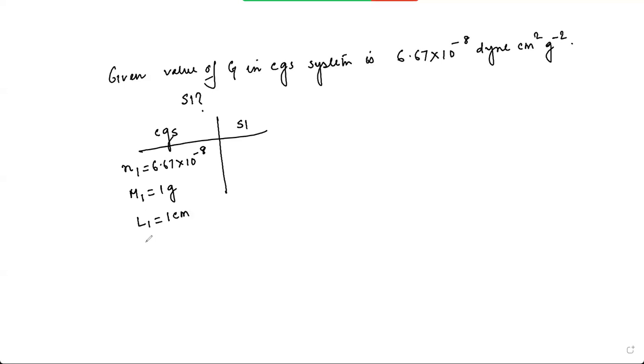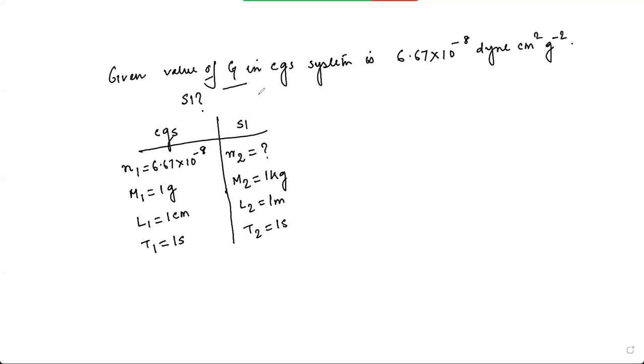This is in CGS system. Now in SI system, we have to calculate the numerical value of G. In SI system, M2 will be 1 kg, L2 will be 1 meter, and T2 will be 1 second.